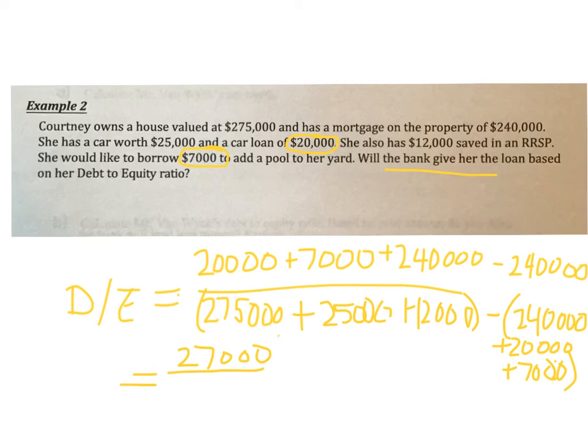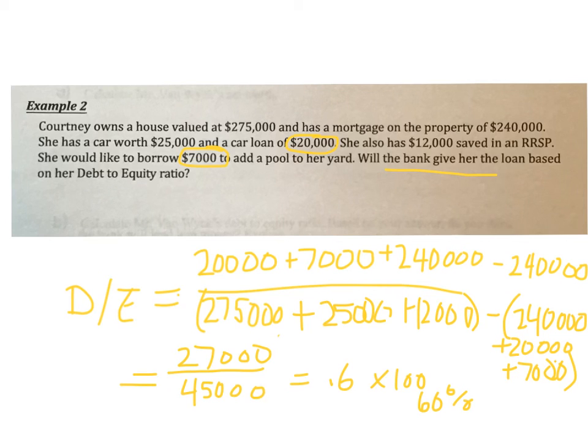And then I'm subtracting from that her mortgage, her car loan, and the pool money. Okay, so that gives us 45,000 on the bottom. So doing that division, 27,000 divided by 45,000 gives me 0.6, which multiplying it by 100, that is 60%.